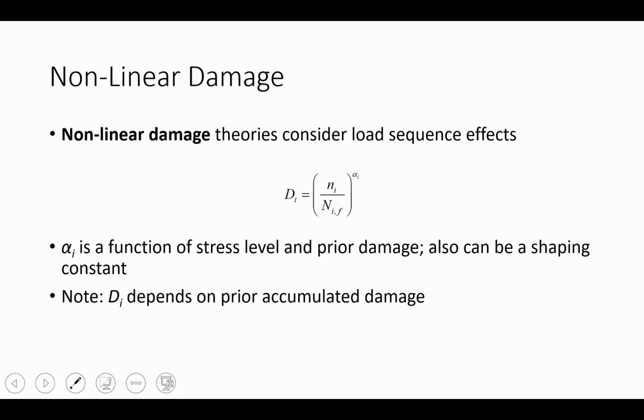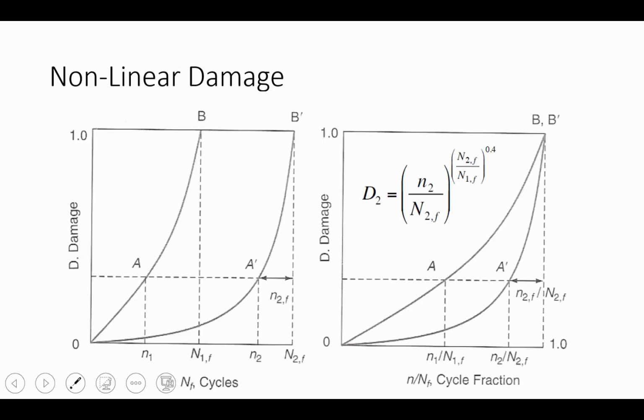In nonlinear damage theories, we say that the damage in the current block, di, is equal to, in brackets, the number of cycles in the current block over the cycles to failure for that stress amplitude, to the power alpha i, where alpha i is a function of stress level and the prior damage, and also can be described as a shaping constant. Now, how do we visualize this nonlinear approach?